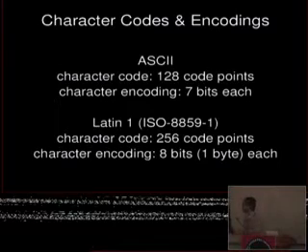The reason we need multiple ones is because if you want to store each character in 8 bits, you can't store all of the world's languages' characters, so you need to have one for various Eastern European languages, one for Thai, and so forth.